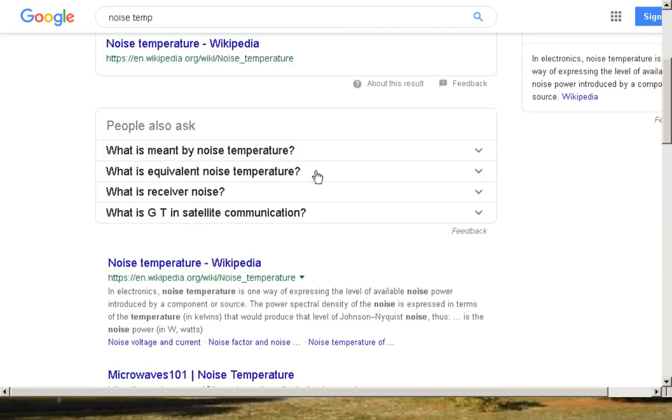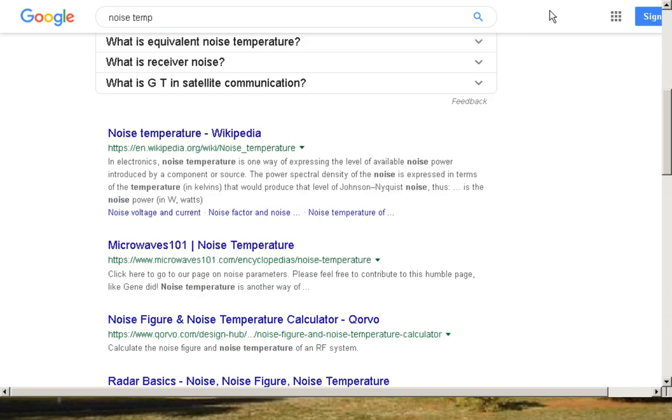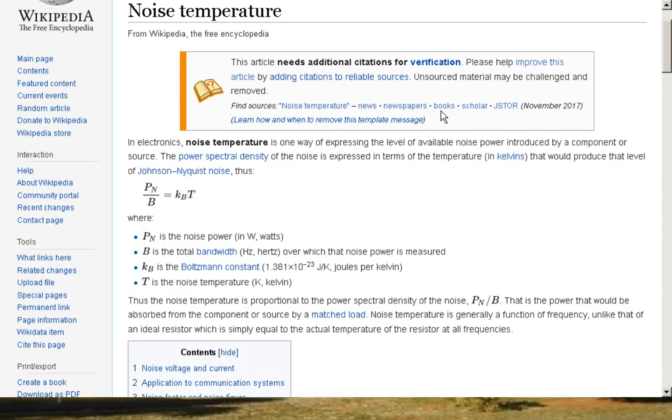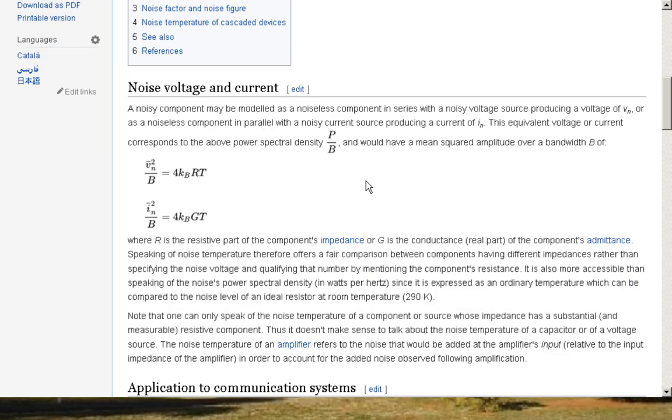Well, here it goes up non-linearly. This is the formula. B is the total bandwidth over which that noise is measured. And this is the power that would be absorbed from the component or source by a matched load. A matched load meaning you're measuring something and you're not interfering with what you're trying to measure.